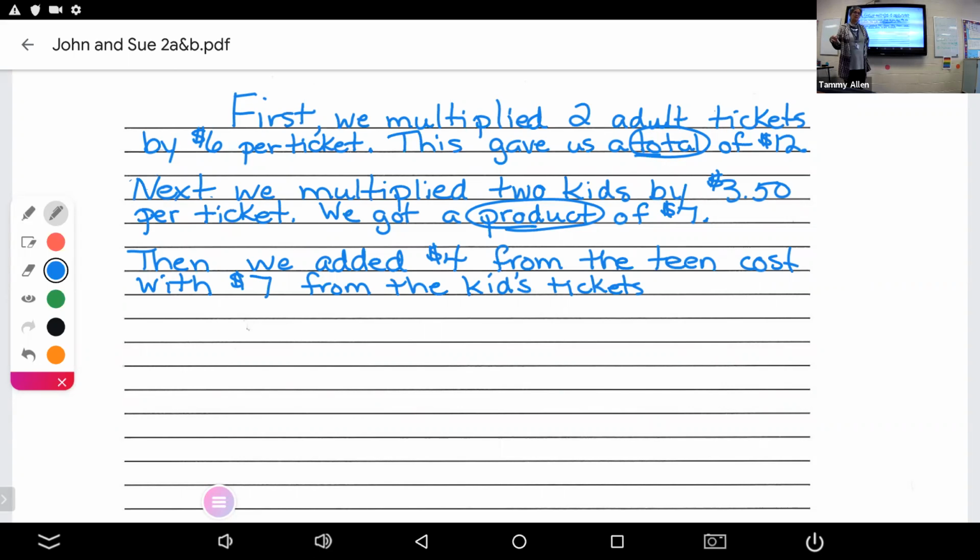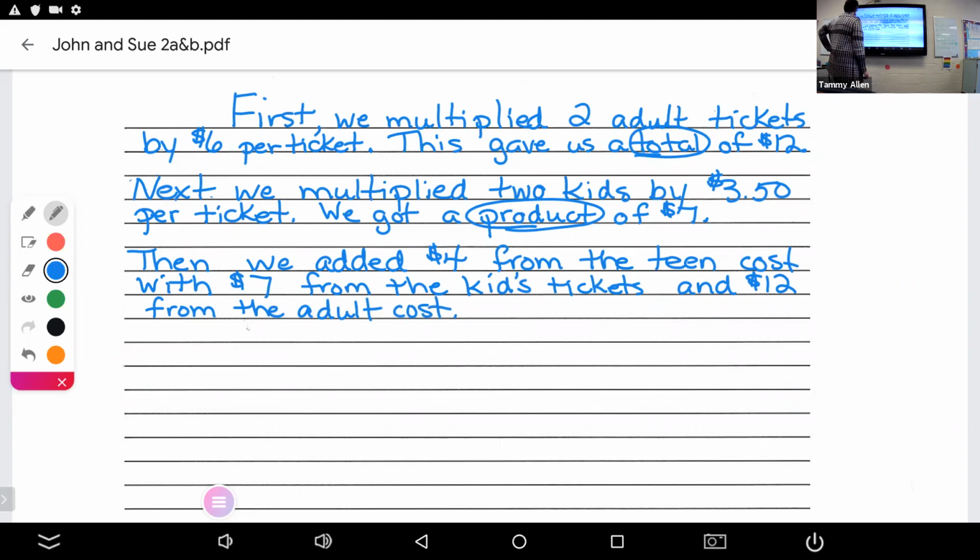Keep going. And $12 for the adult cost. And $12 from the adult cost.